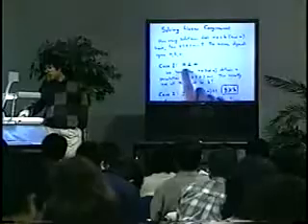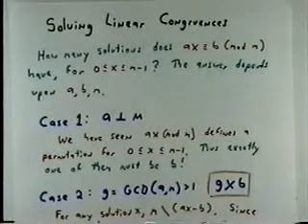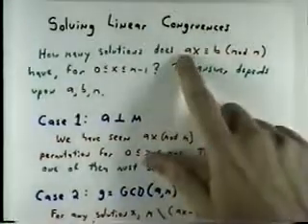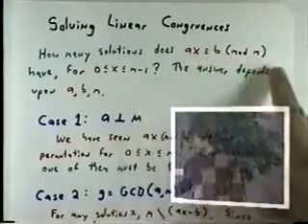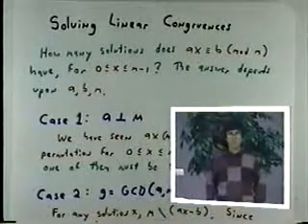Suppose A, our multiplier, and M, our modulus, are relatively prime. How many solutions does AX congruent to B mod M have if A is relatively prime to M?